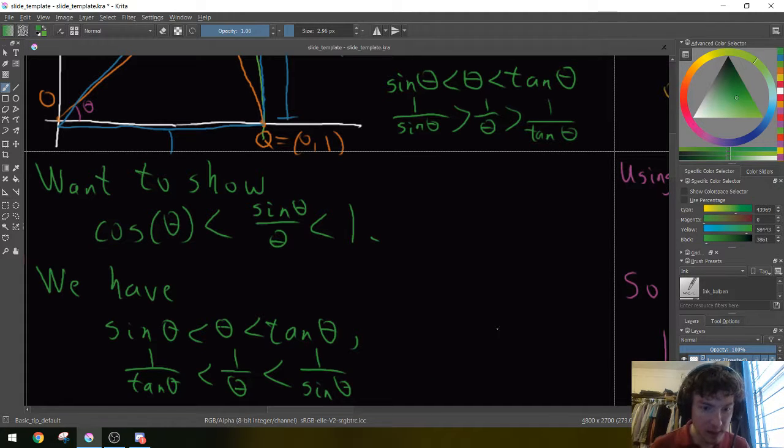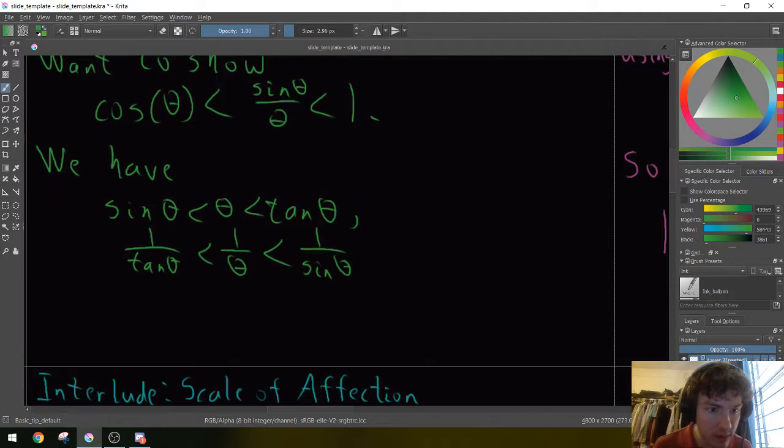So then I think if we multiply through by sine in this inequality, right? So I'm just going to multiply all three pieces by sine theta. So sine theta times 1 over tangent. Well, what's that? Tangent is sine over cosine. So let me do this on the side.